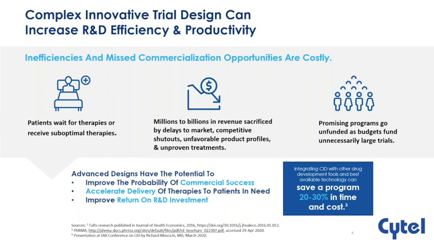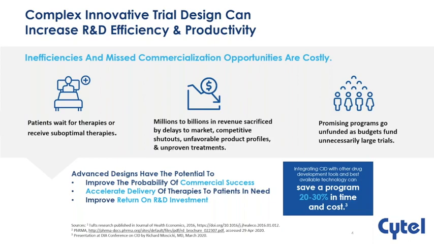We know that billions have been wasted in drug delays in bringing drugs to the market, and even maybe more so in spending and investing in unproven treatments and failed products. And finally, on many occasions, promising programs get unfunded because budgets are necessarily large.